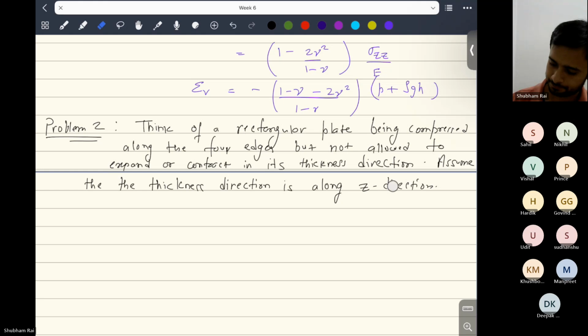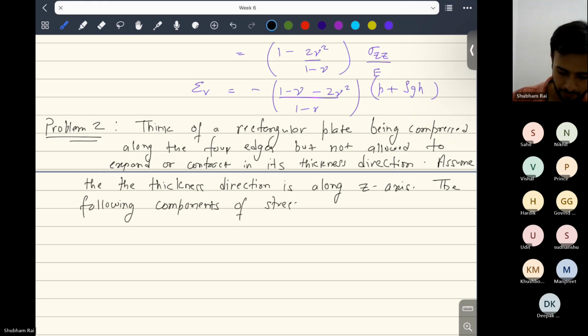It's also given that the following components of stress and strain matrices are given.